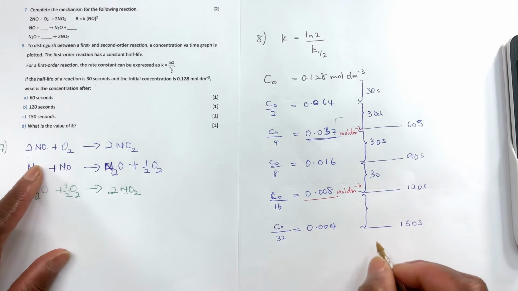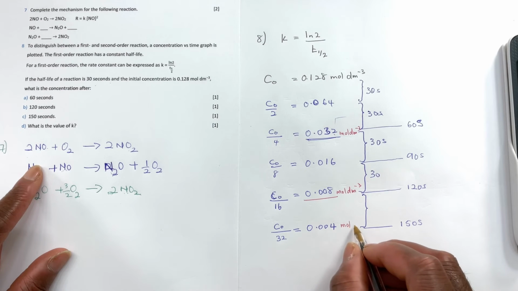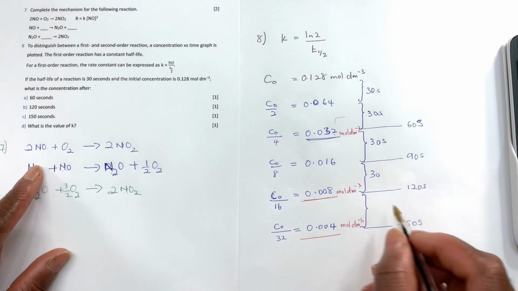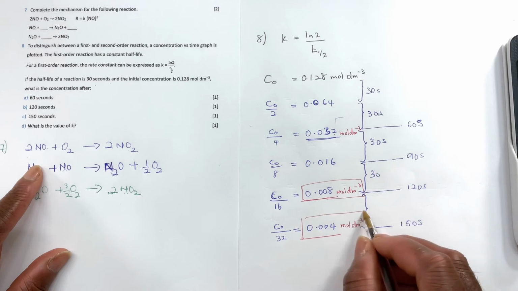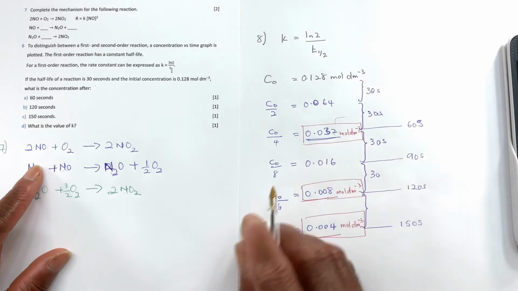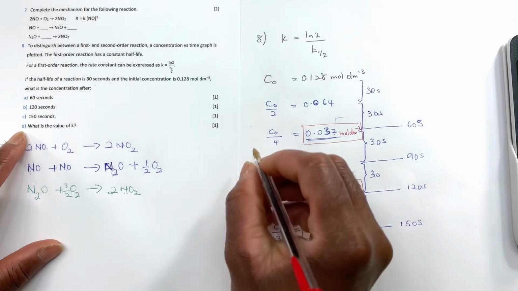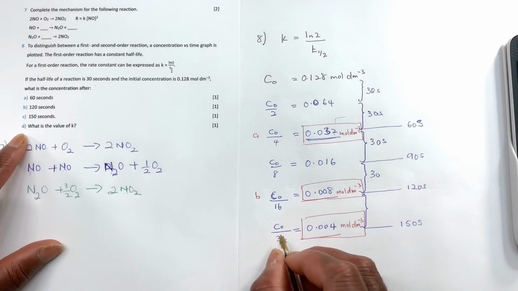And when it's 150 seconds, it's 0.004 mole per decimeter cube. So those are the answers we're looking for, and that's question A, B, and C.